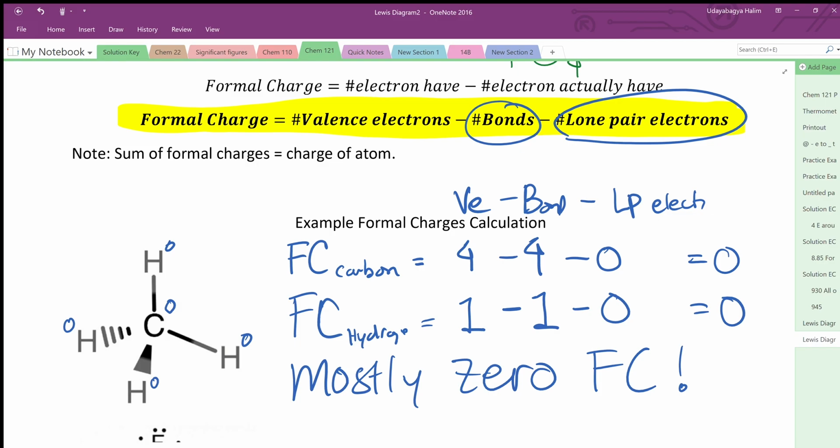I see over here that hydrogen has 1 bond, and you know from the periodic table hydrogen is group 1, so hydrogen prefers to have 1 bond, and the formal charge is automatically going to be 0. Carbon prefers to have 4 bonds, and it already has 4 bonds, so the formal charge is also going to be 0, even without any calculation needed. And the best Lewis diagram is going to be the one that has the most 0s in its formal charge.